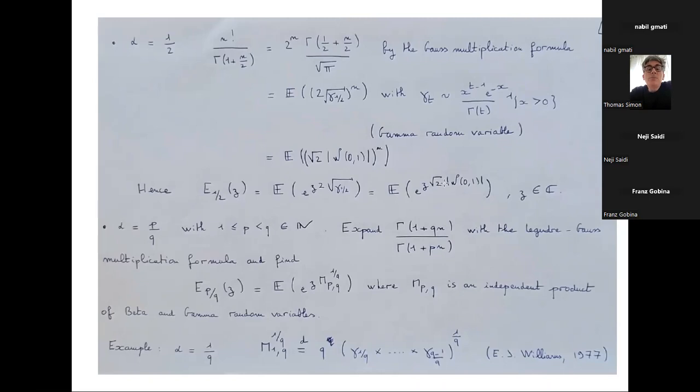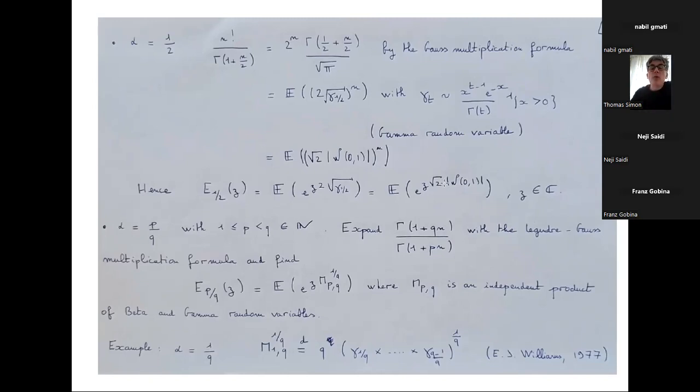For example, as this has been written down by Williams, but was actually known by various authors before that, when alpha is the reciprocal of an integer, then the underlying random variable is a product of q minus 1 gamma random variables to the power 1 divided by q.